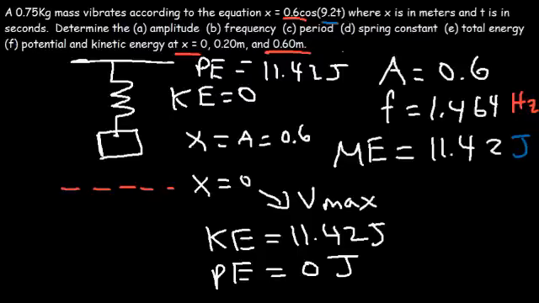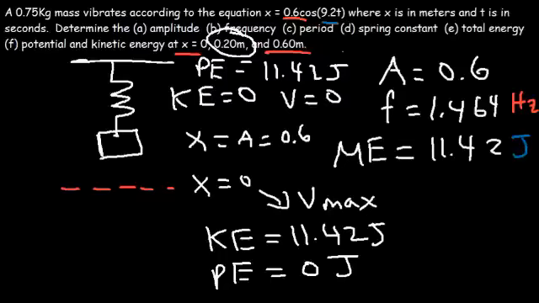So whenever it's fully stretched or compressed, it's not moving, the velocity is 0, and all of the energy is stored in the form of potential energy. But at the equilibrium position, it's moving at its greatest speed. There's no restoring force at that point, so all of the energy is in the form of kinetic energy and there's no potential energy.